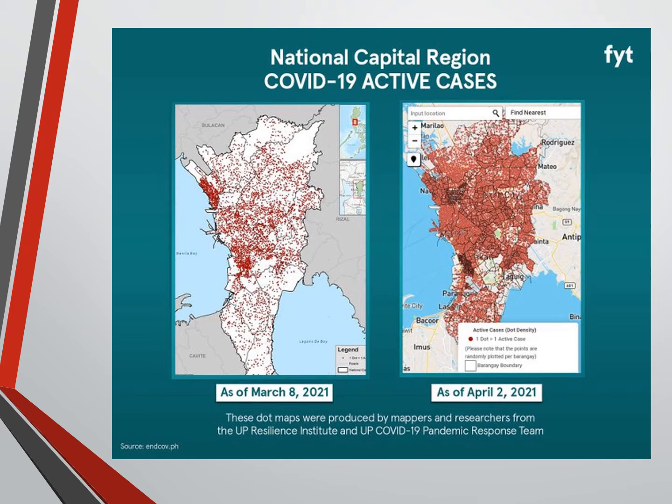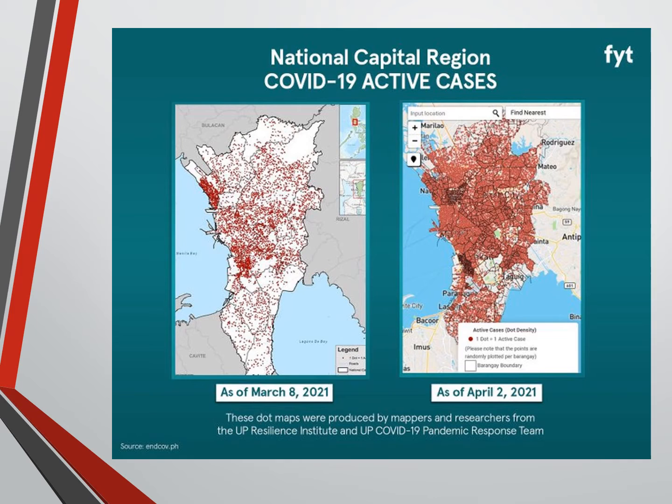These dot maps were produced by mappers and researchers from the UP Resilience Institute and UP COVID-19 Pandemic Response Team. If you look at the illustration, the active cases are represented by dots.